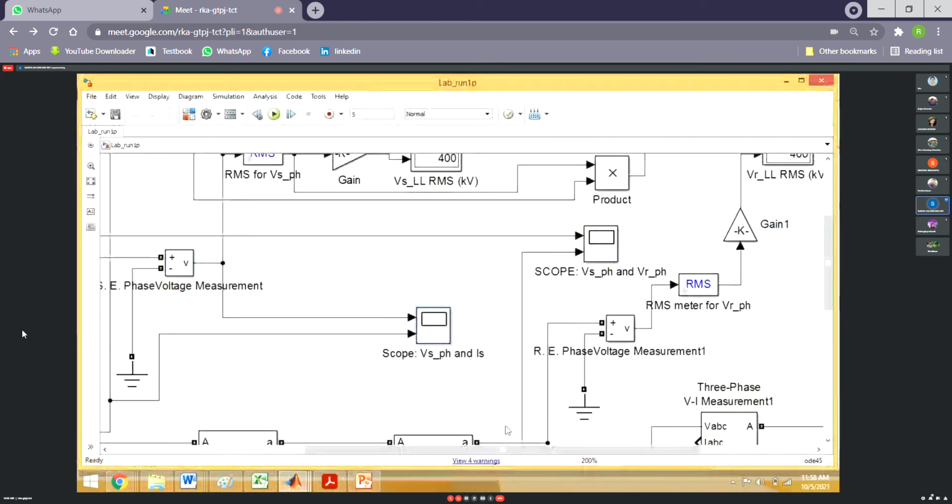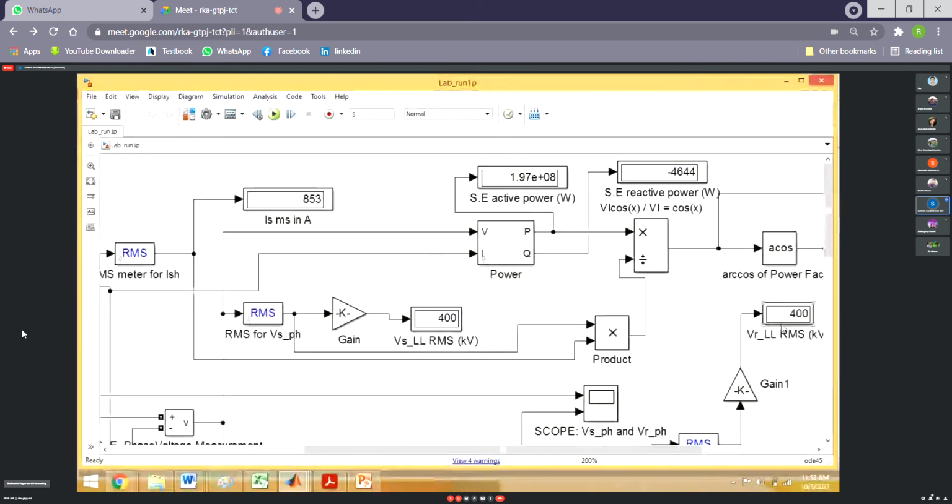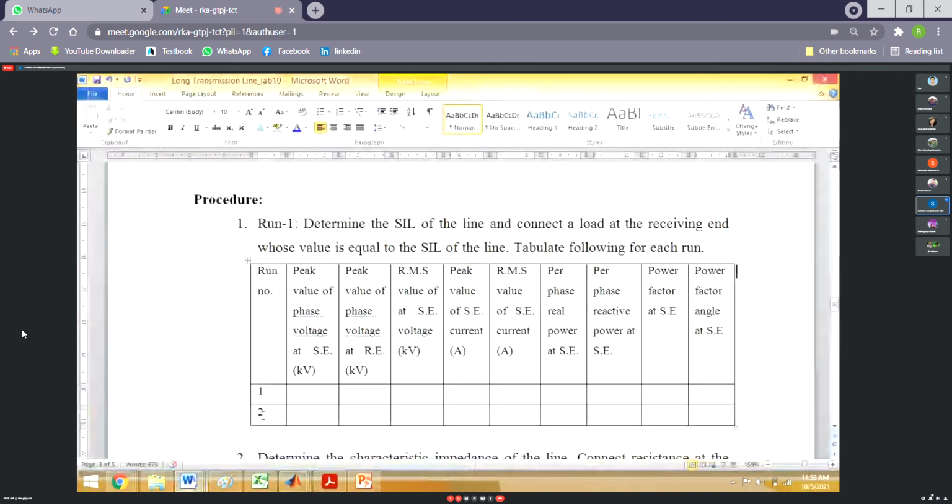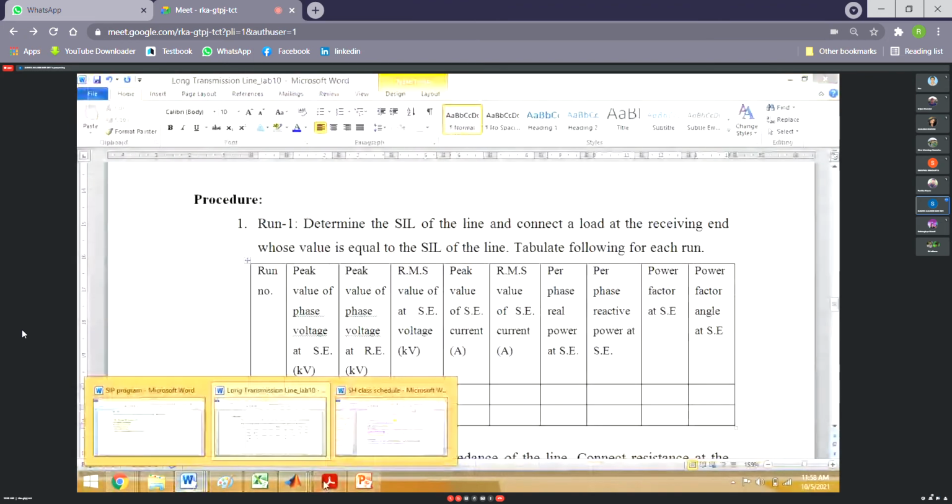Now next is the RMS quantity. You see sending end RMS voltage is 400 kV, receiving end RMS voltage is also 400 kV. So you can write that there.